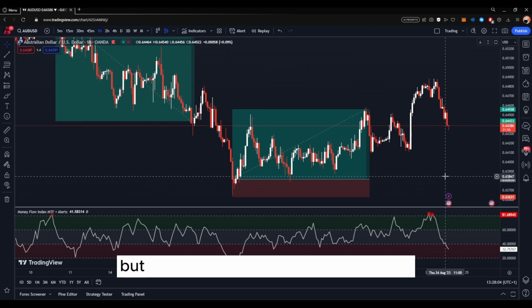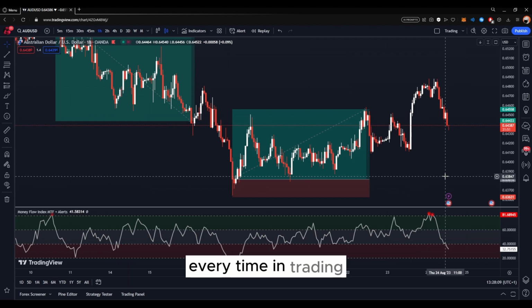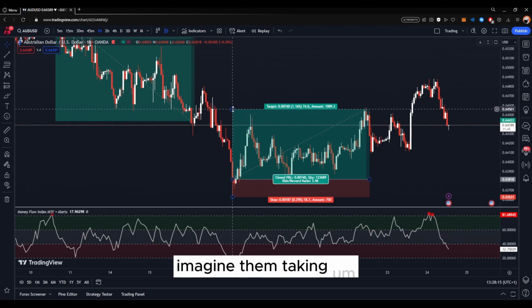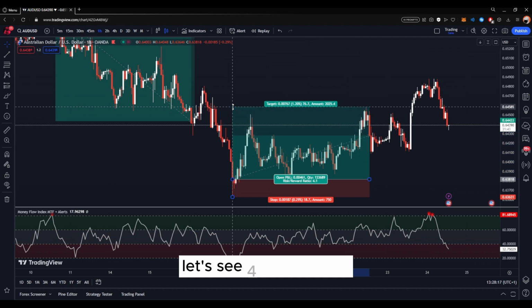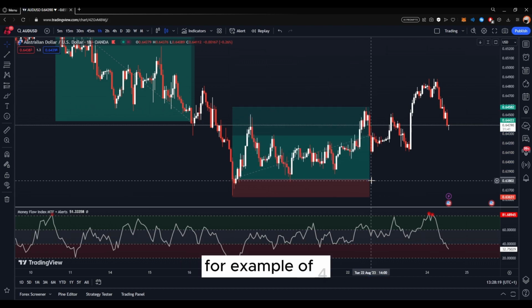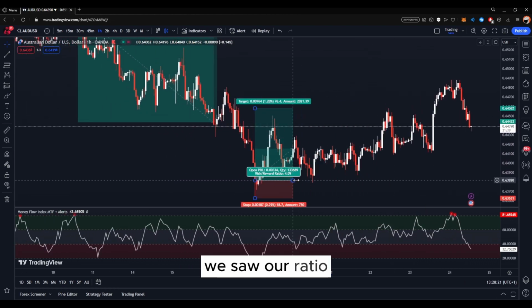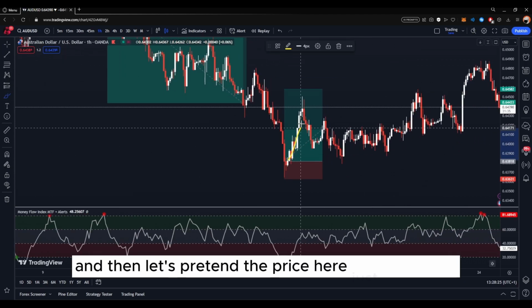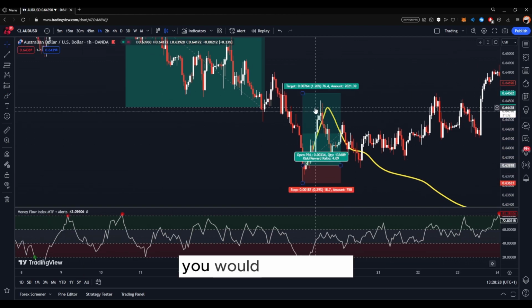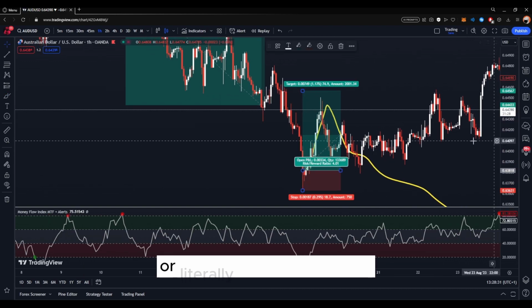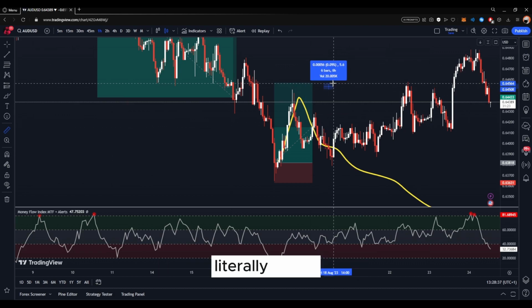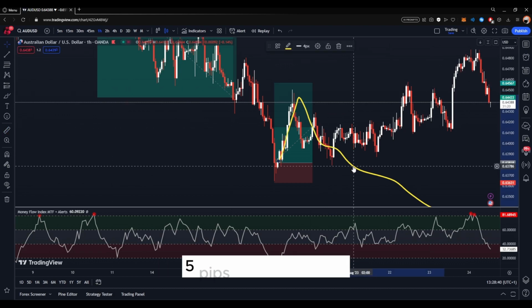But I do not recommend fixed take profits every time in trading. Imagine I'm taking, for example, a 4 risk to reward ratio, and then let's pretend the price here just falls again. You would lose a trade by literally 5 pips.